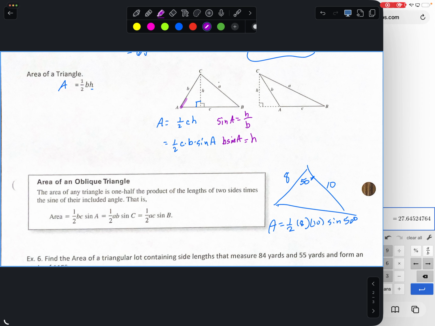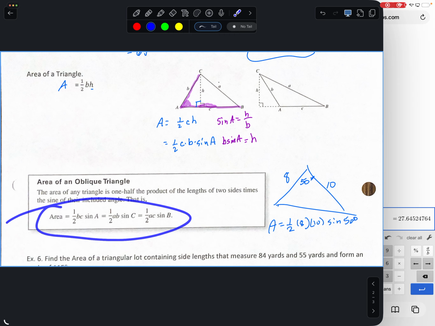And notice that b is this side, c is this entire side, and angle A is the included angle in between them. And we can similarly show this for the two included sides of each of the individual angles A, B, and C. This one was just for angle A. But anytime you have the two sides that include the angle, the area is just 1/2 their product times the sine of the angle.